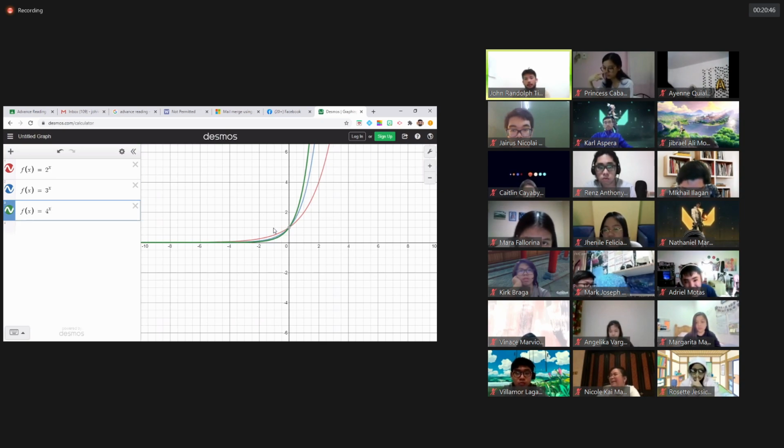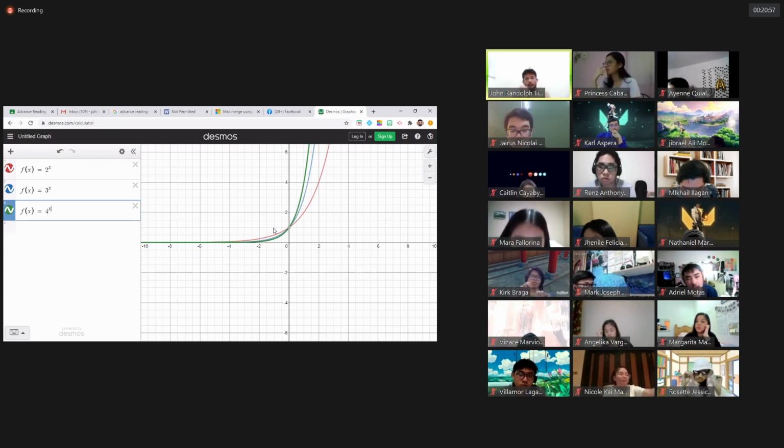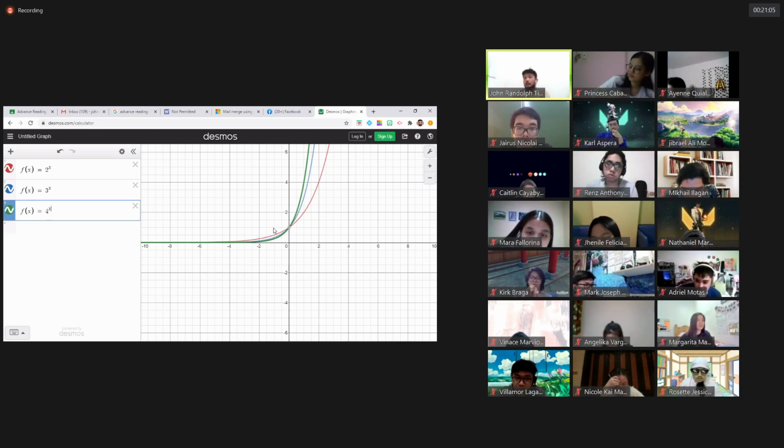At what point? When you say at what point, you have to tell me the coordinate. It's (0, 1). It passes through the point (0, 1) as one of the properties of an exponential function.